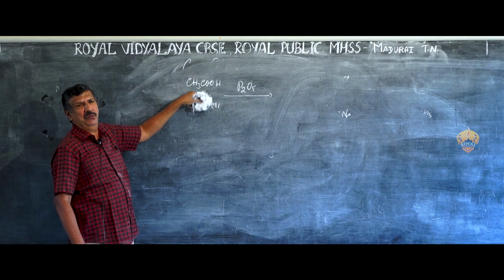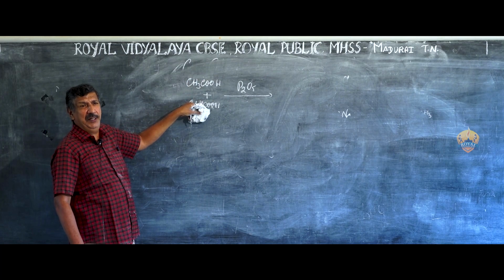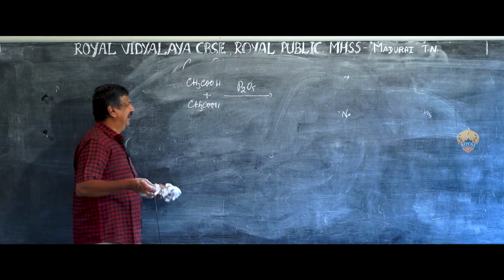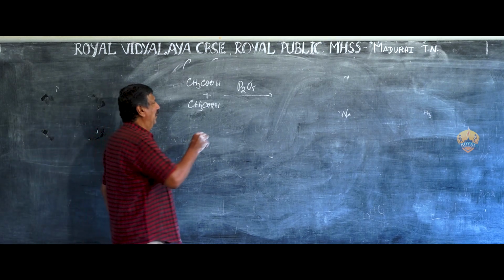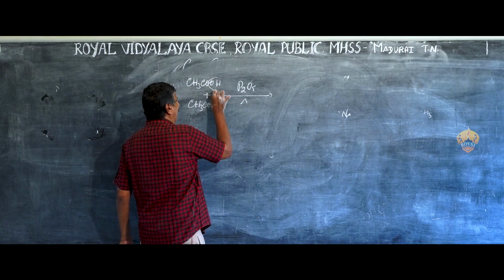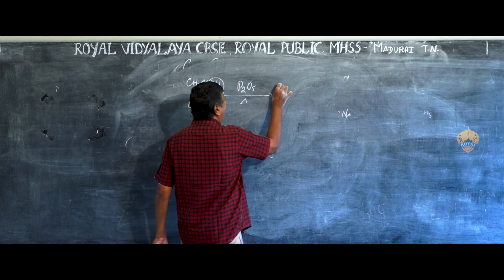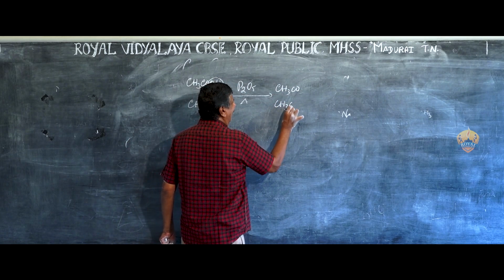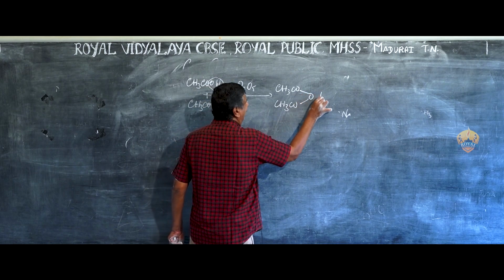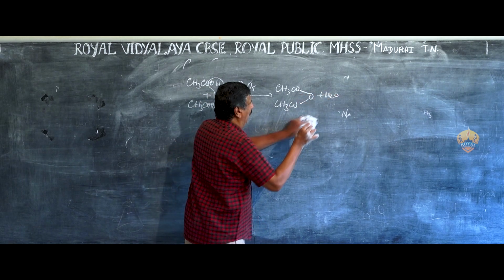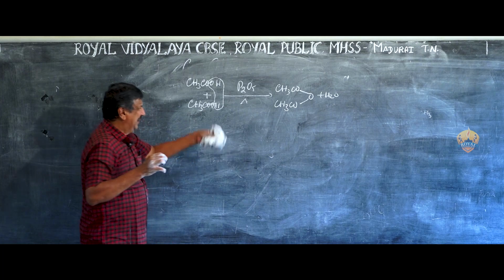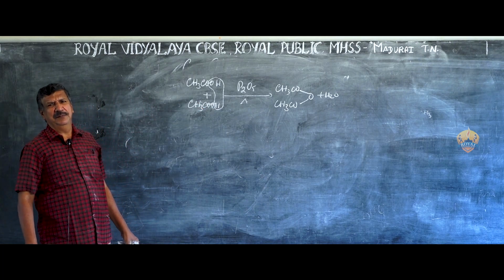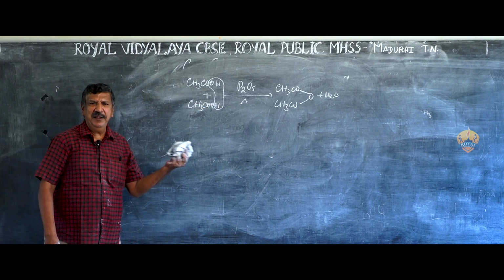Because these two compounds are individual, not a combined one having a bond. The answer is very simple. What will be the answer? You remove the water. That's all. The product will be acetic anhydride.